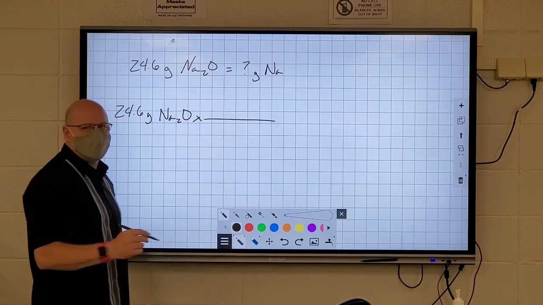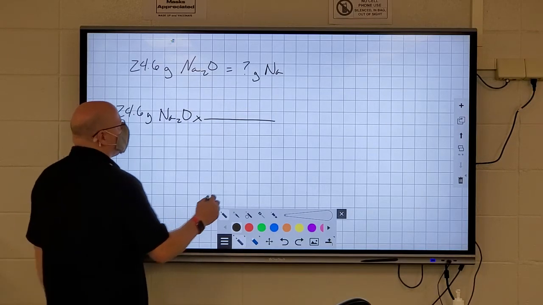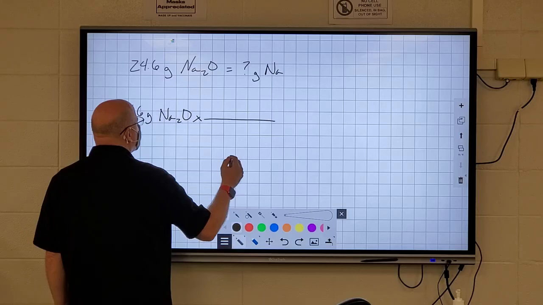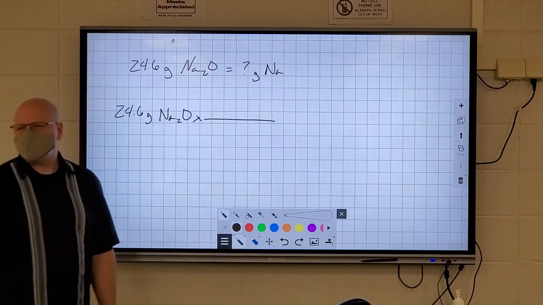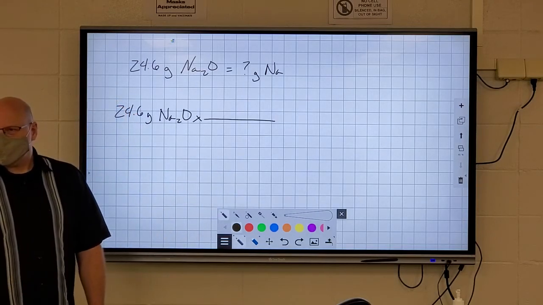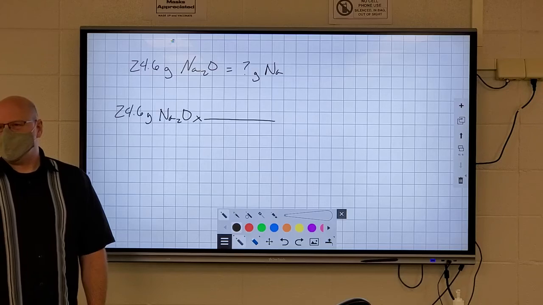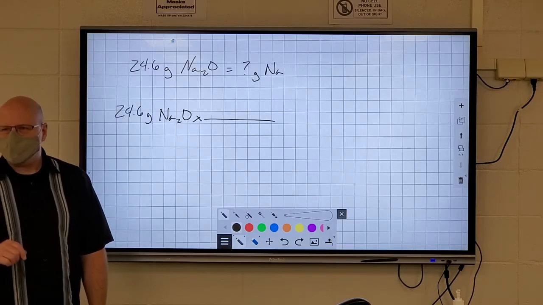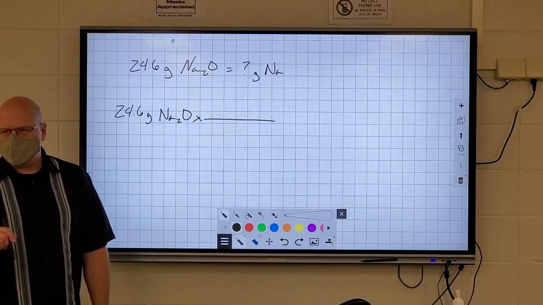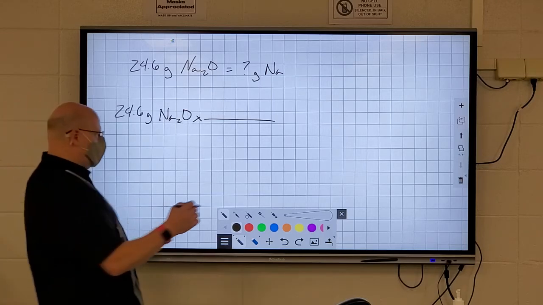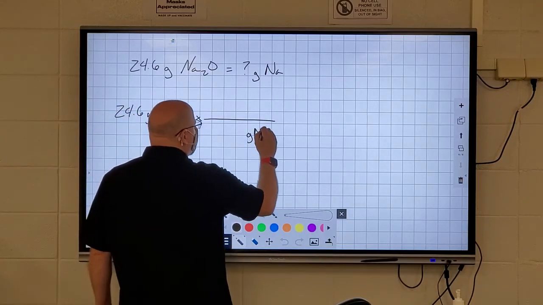What unit has to go on the bottom? Let's just do the unit. Grams. Grams of sodium. That's key.